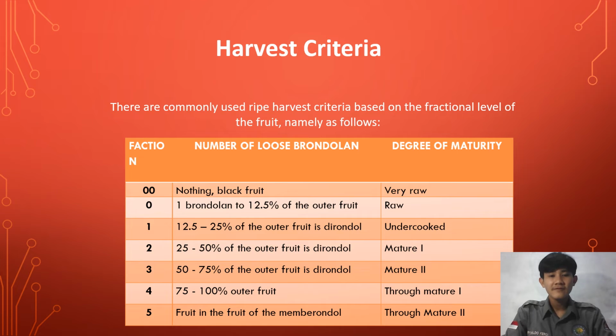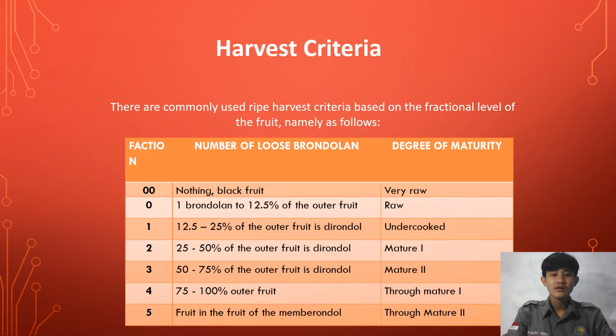As for the harvest criteria we discussed, there are commonly used ripe harvest criteria based on the fraction level of the fruit, namely as follows. Look at the table.